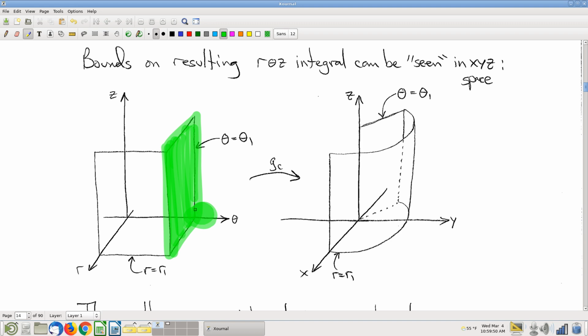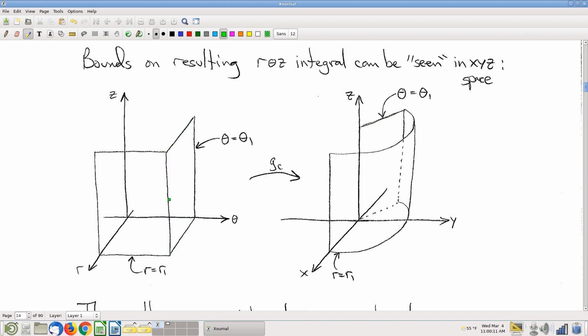What does that look like in XYZ space? Well, that's how you measure theta, right? It's this angle measured off of the positive X portion of the XZ plane. So that's what a theta slice looks like.